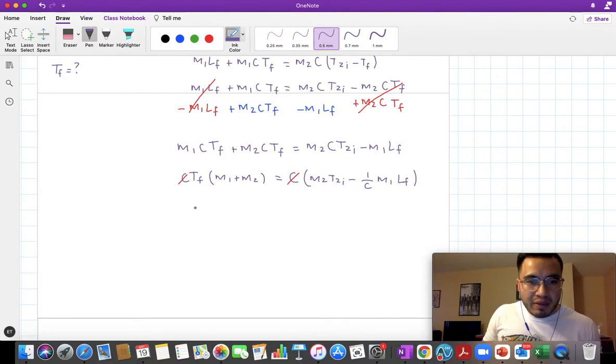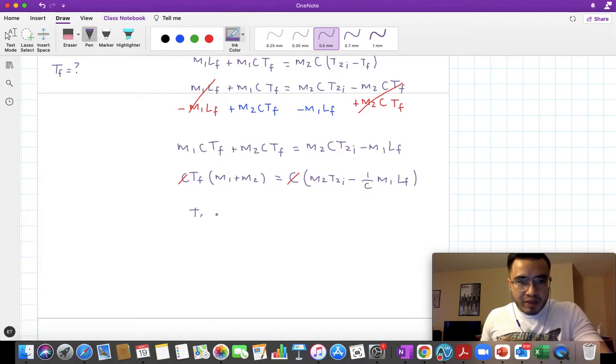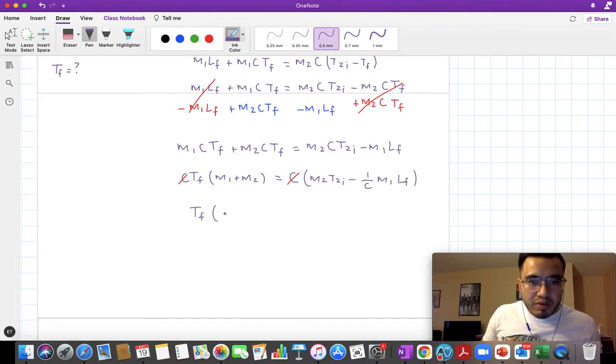So now I have temperature final, parentheses, mass 1 plus mass 2 equals mass 2 temperature 2 initial minus, so I'm going to write it like this, mass 1 times latent heat of fusion divided by specific heat.